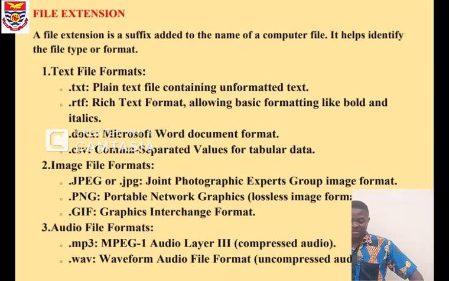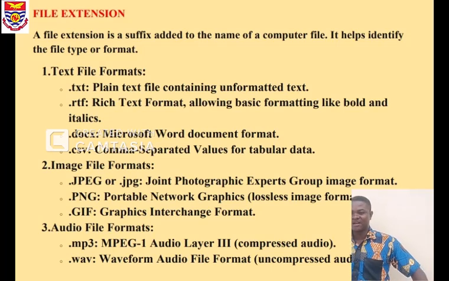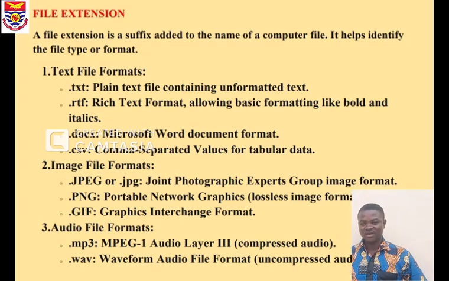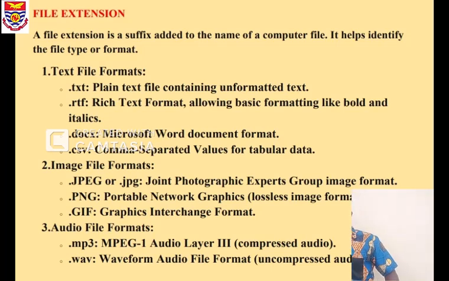The other aspect is web page file format, and the extensions for web page format are .html and .css. Briefly, those are the lessons that we wanted to learn today.